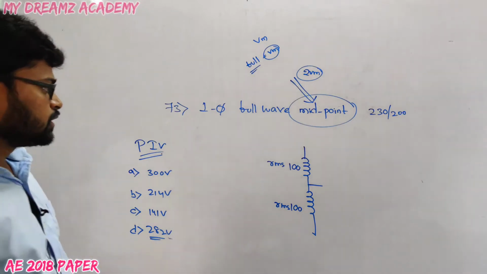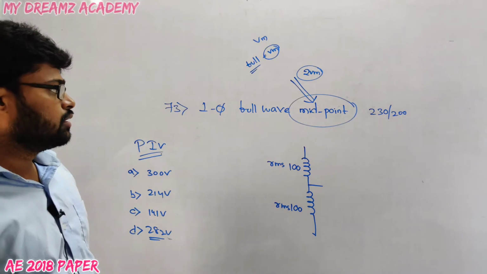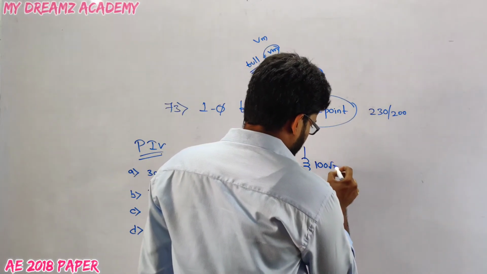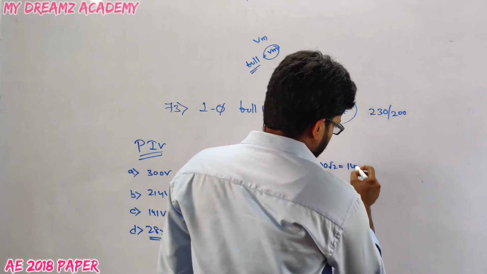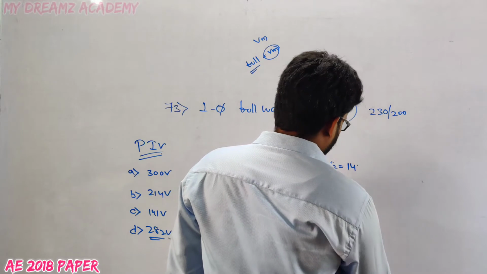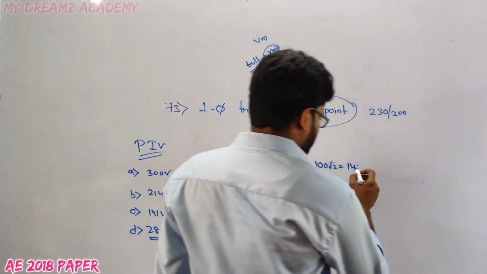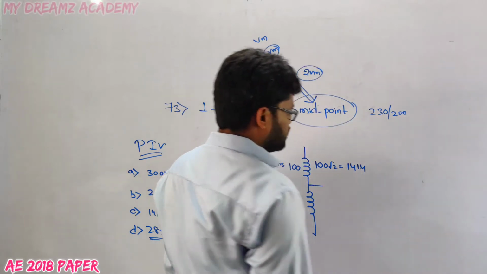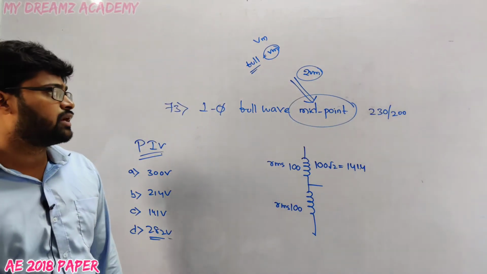Now we will see. This is the RMS voltage. Now the peak voltage is 100 root 2. Root 2 into 100 is nothing but 141. Actually the root 2 value is 1.414, so 141.4. This is the peak value.